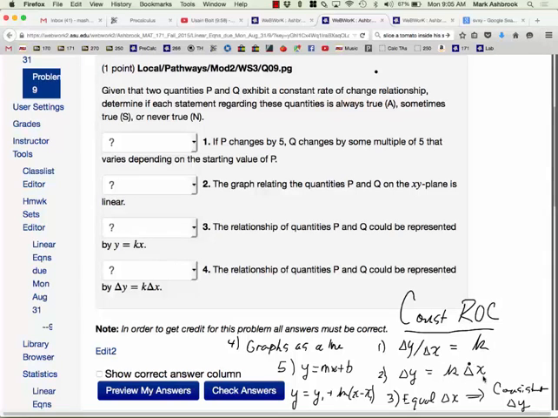What it's basically saying is that this number right here varies depending on the starting value of p. What do we think? K. So this is basically saying that k changes. Always, sometimes, or never? Never true.